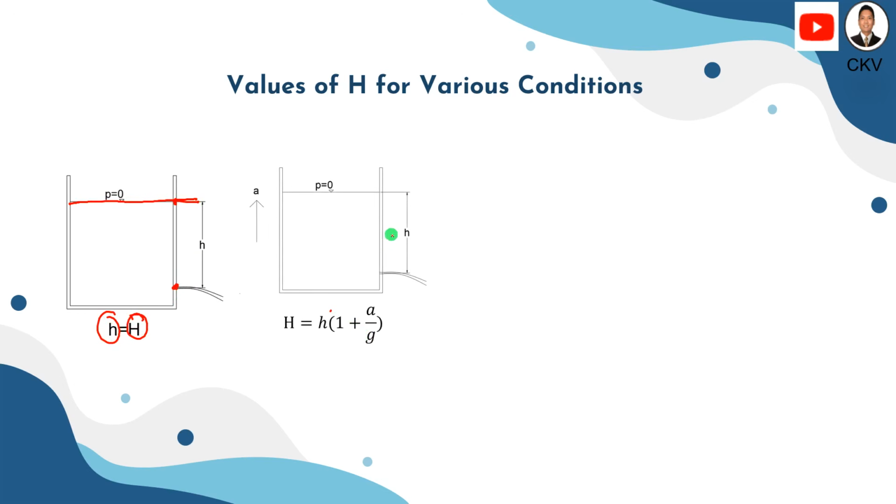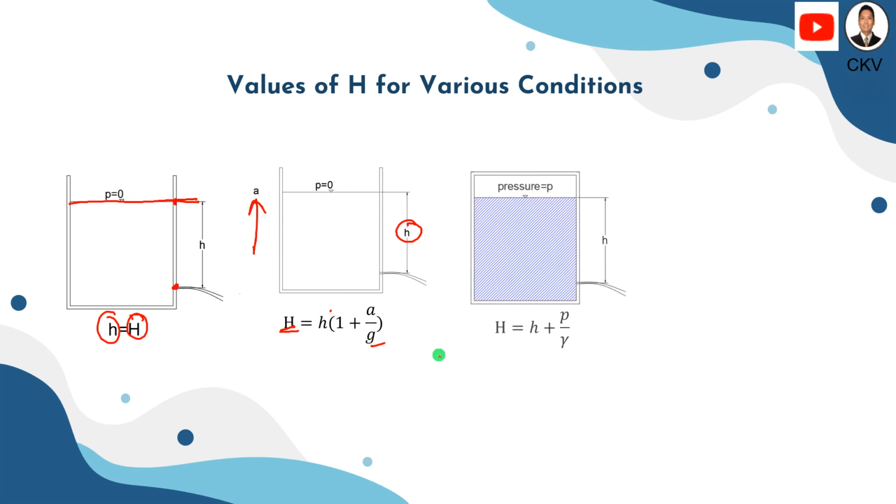The next one is if that container is accelerating upward. Here is the equivalent value of our h: h is equal to the head multiplied by 1 plus the acceleration divided by the acceleration due to gravity.